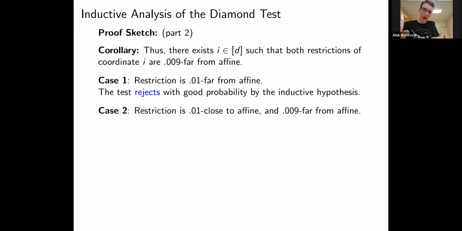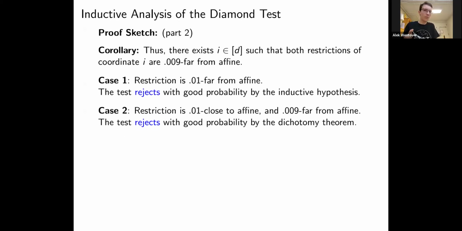And here, we're going to use the fact that it's close to affine to apply the dichotomy theorem. Remember, the dichotomy theorem said once you get close to being affine, you get a high rejection probability, proportional to your distance to affinity. So now we're going to get good rejection probability.